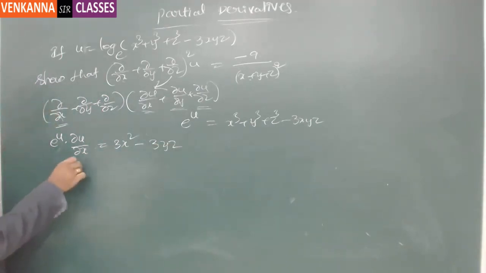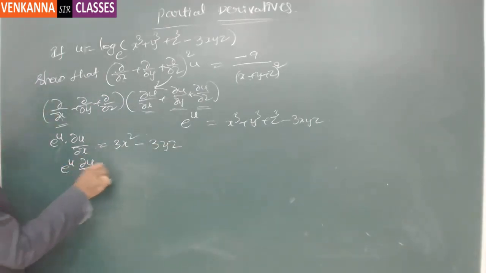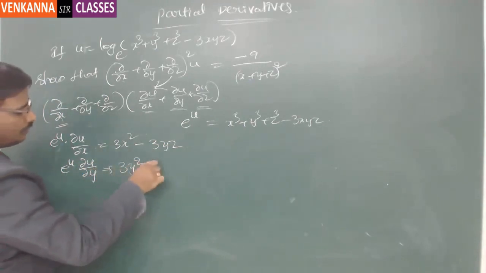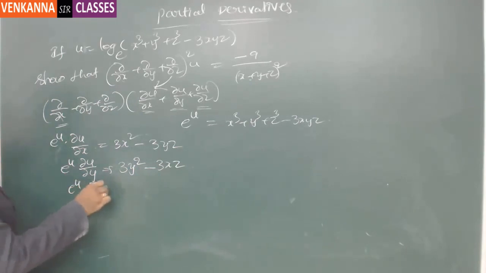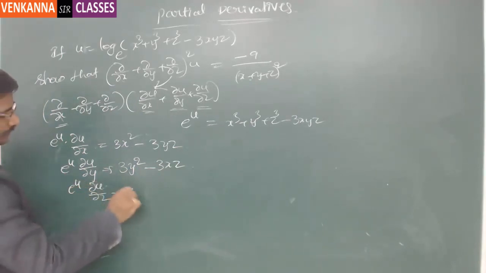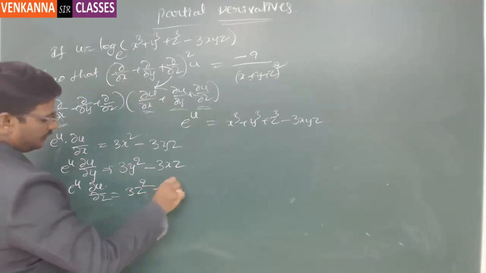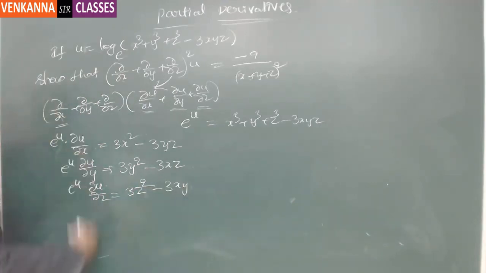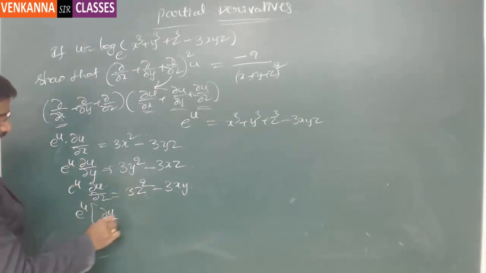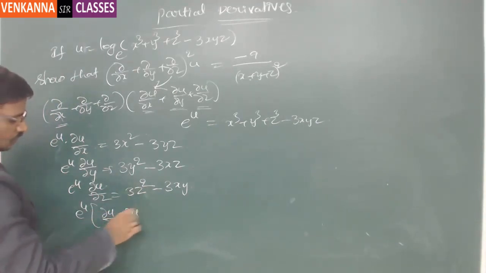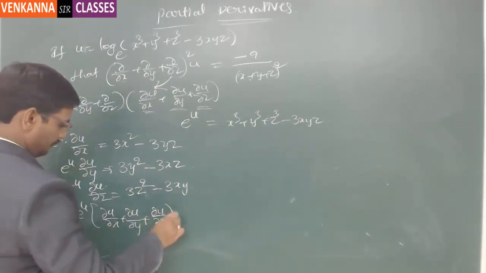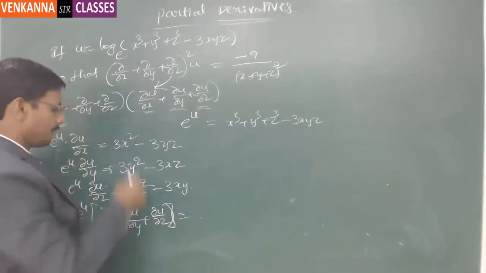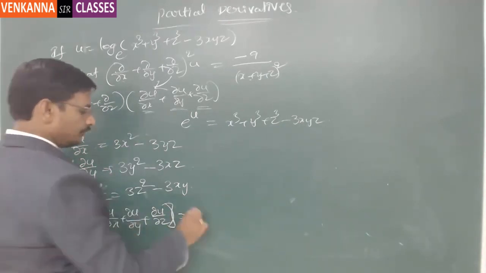Similarly, e^u times ∂u/∂y is equal to 3y² minus 3xz. e^u times ∂u/∂z is equal to 3z² minus 3xy. Now if you add all the three things together, e^u times (∂u/∂x plus ∂u/∂y plus ∂u/∂z) is equal to, so 3 you can take out.